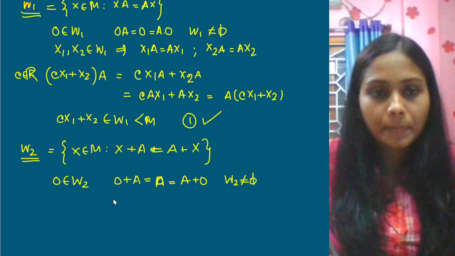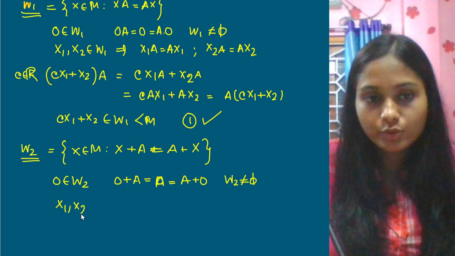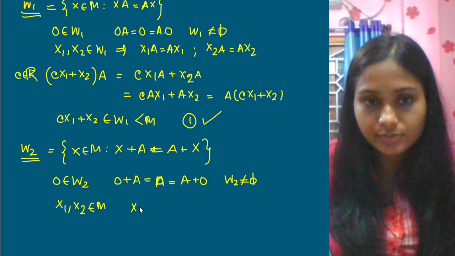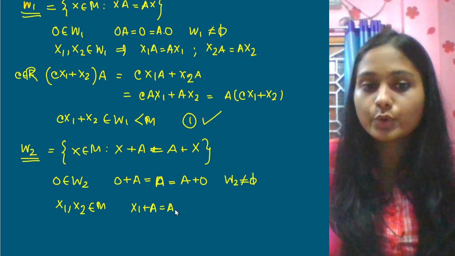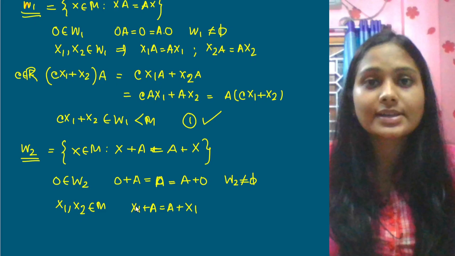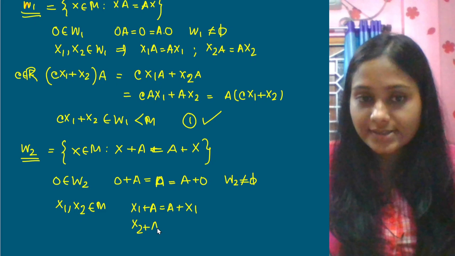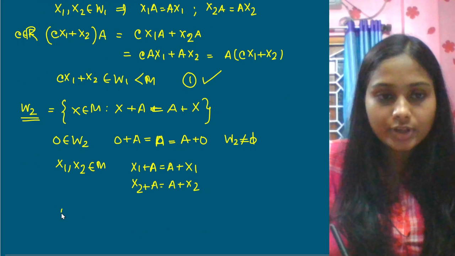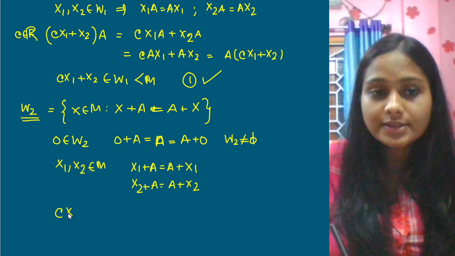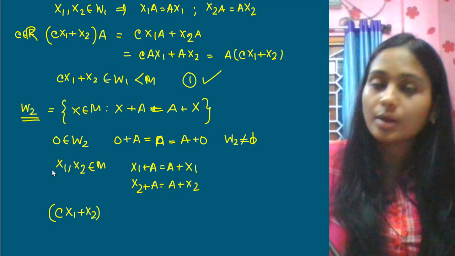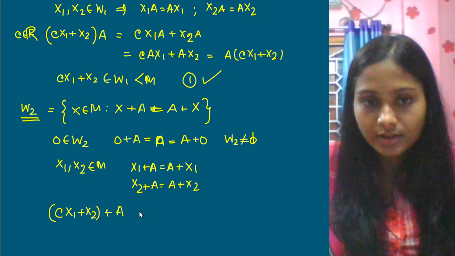Now let us take 2 elements X1, X2 from W2. So X1 plus A equals A plus X1, since X1 belongs to W2. Again X2 plus A equals A plus X2, since X2 belongs to W2. We need to check whether CX1 plus X2 belongs to W2 or not. So this plus A equals what?